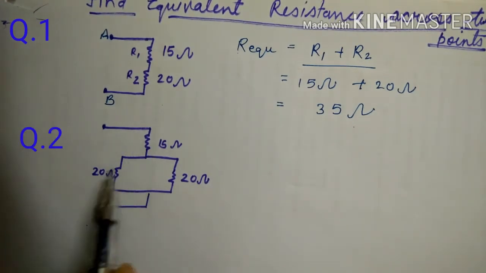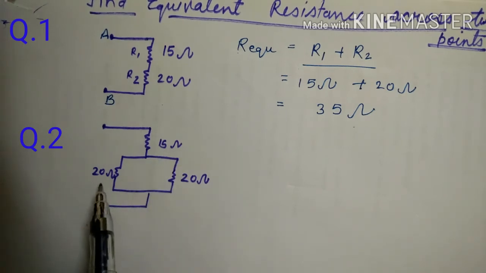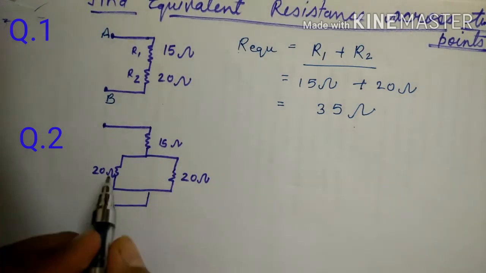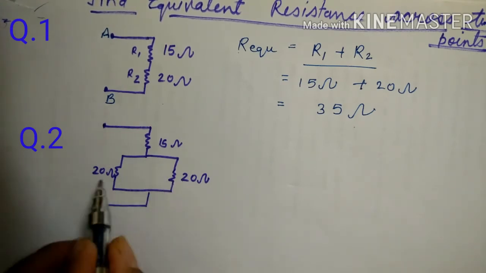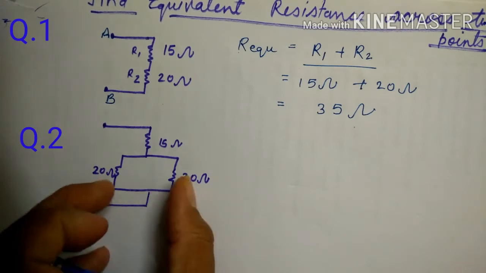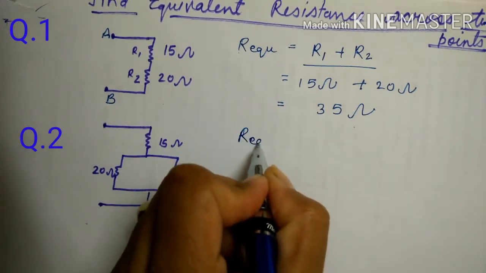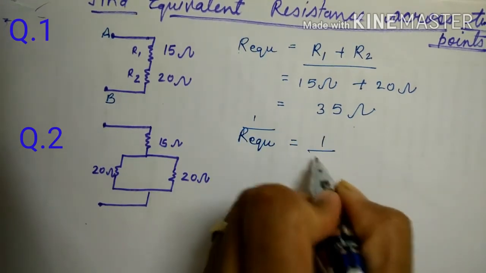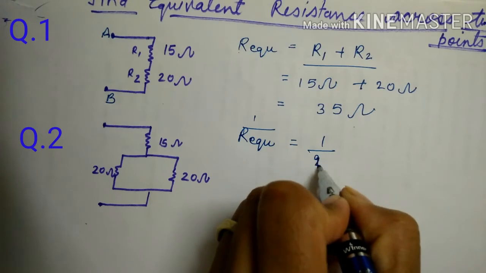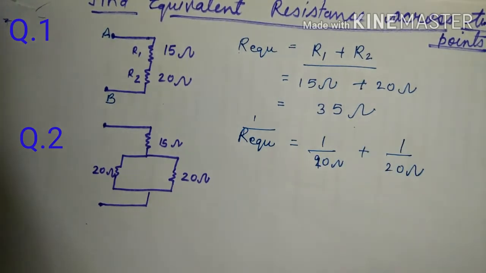Three resistors are attached here: 15 ohm, 20 ohm and 20 ohm. Now firstly we will solve this, because these two are attached in parallel combination. So to simplify, first we solve this. We know for the parallel, 1 upon 20 ohm plus 1 upon 20 ohm.